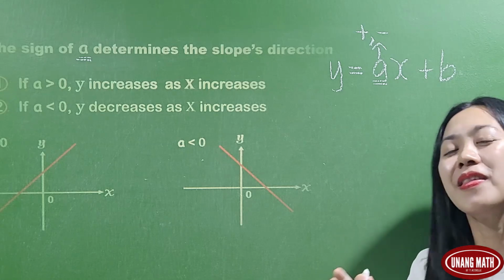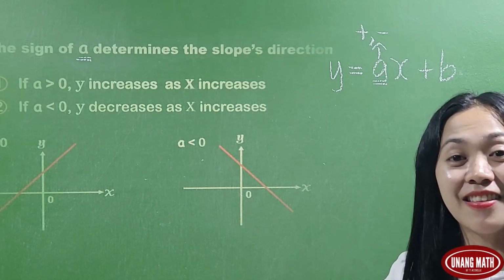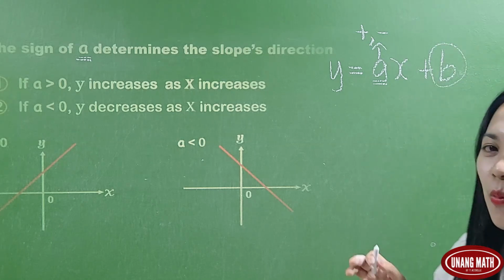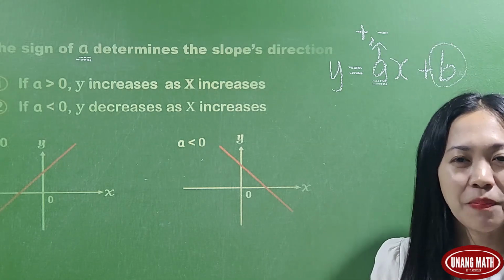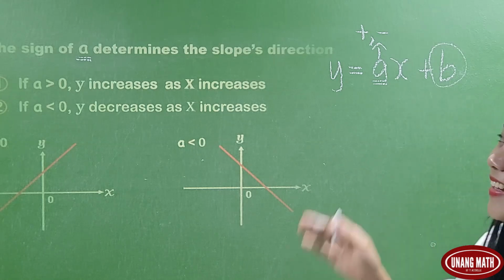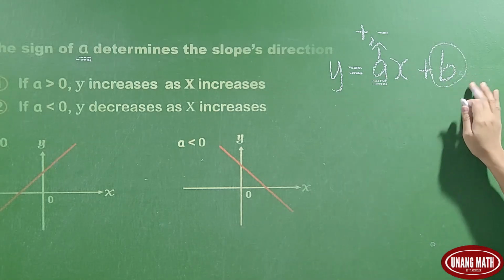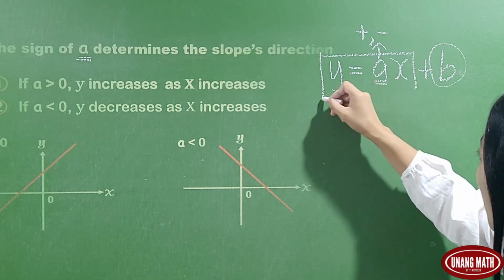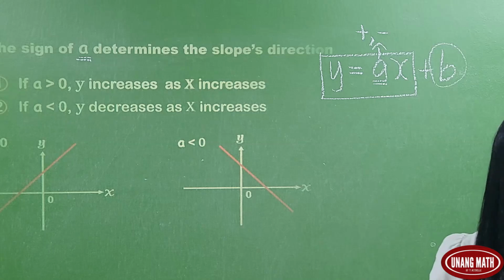We all know that a graph of a linear function is a straight line. The value of B or our y-intercept doesn't tell us the slope's direction. So from that, we are going to consider only this function.